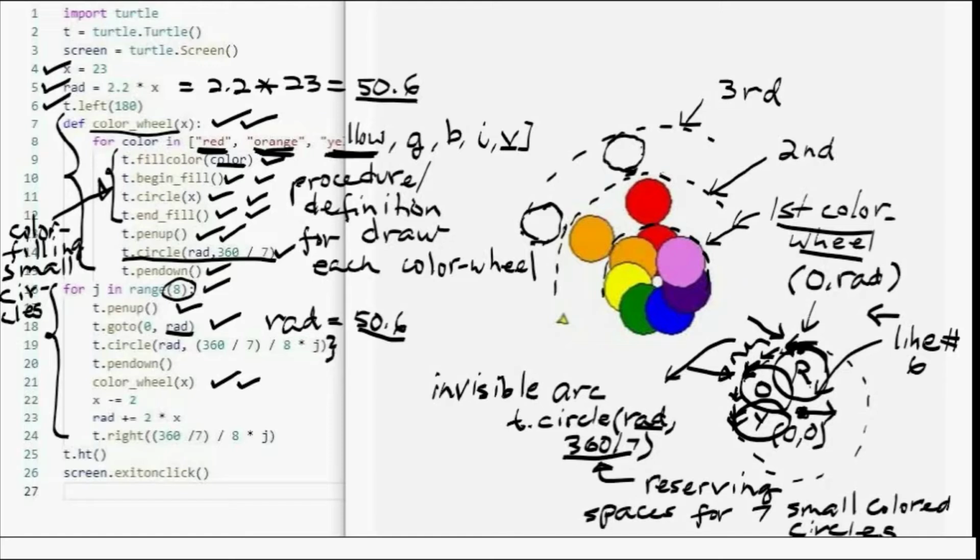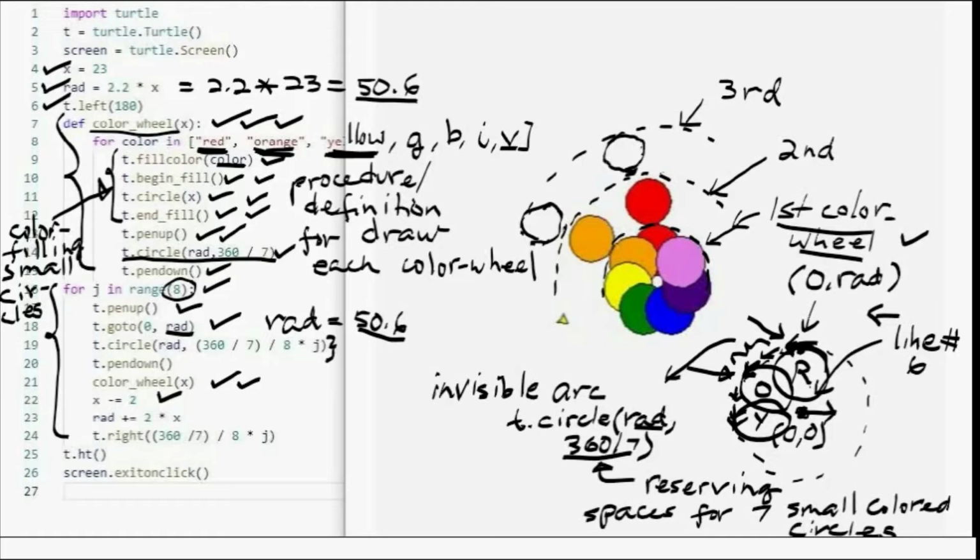So what you'll have after the first calling of the color wheel function here is the first color wheel, as I illustrated on the right side of the screen. Now, after we're done with the first color wheel, we first need to make a few adjustments. Look at line number 22.